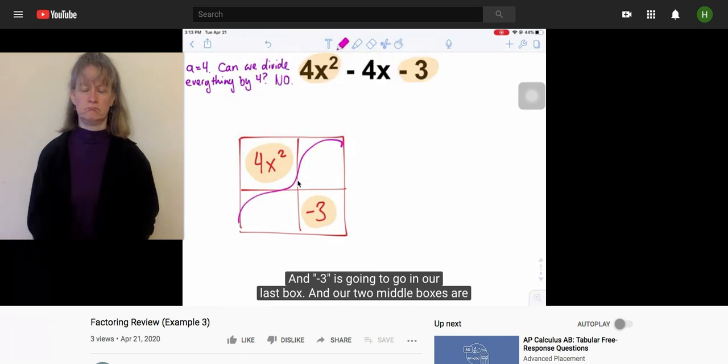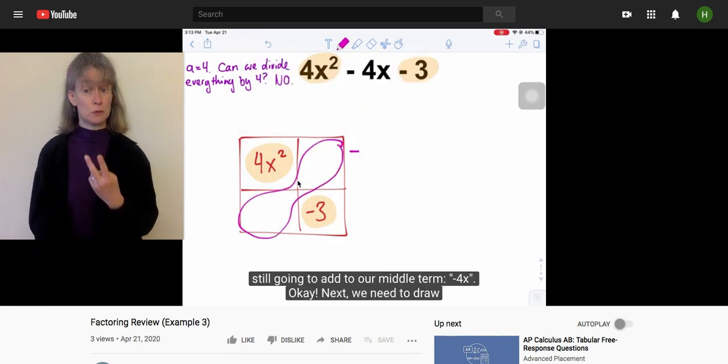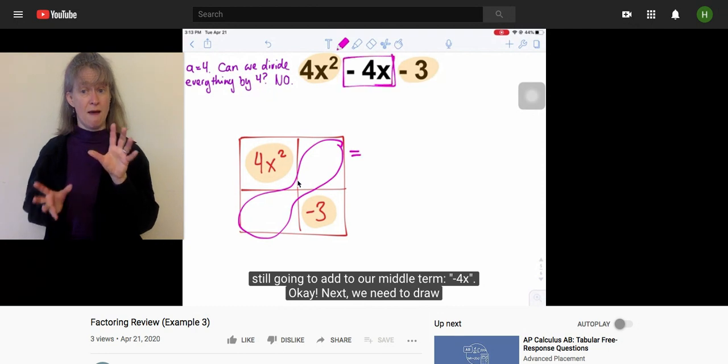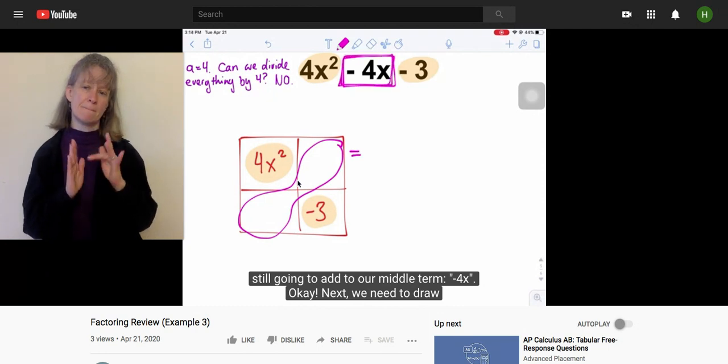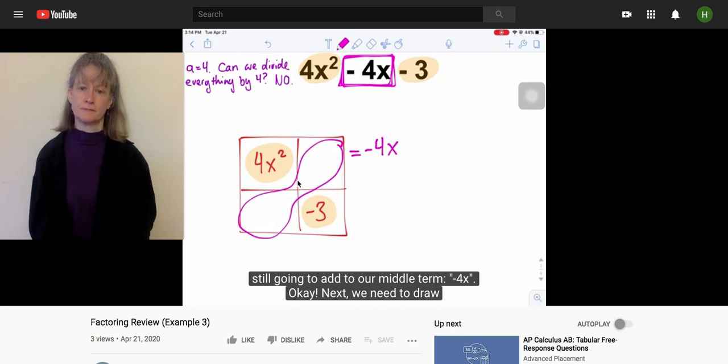And our two middle boxes are still going to add to our middle term, negative 4x.